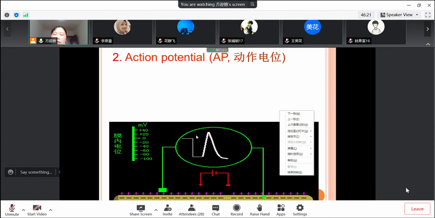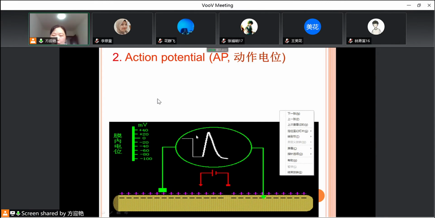So what is the action potential? I hope you studied this concept, and that you all remember and understand it.